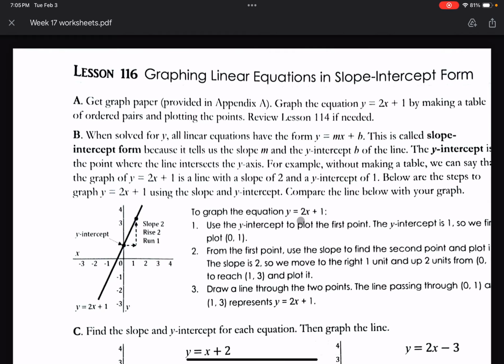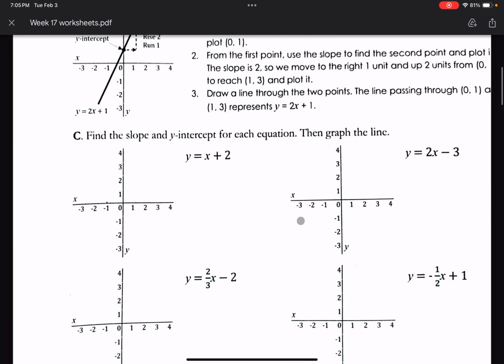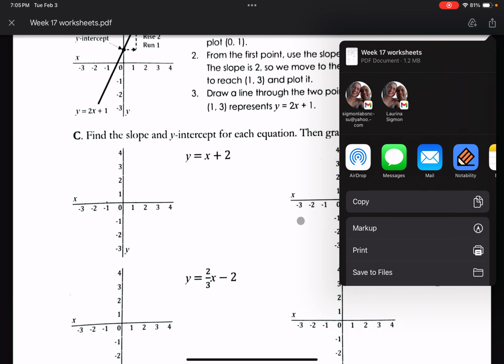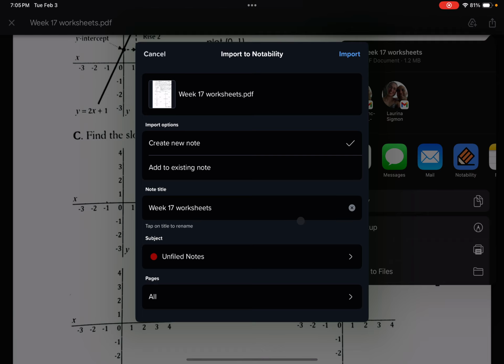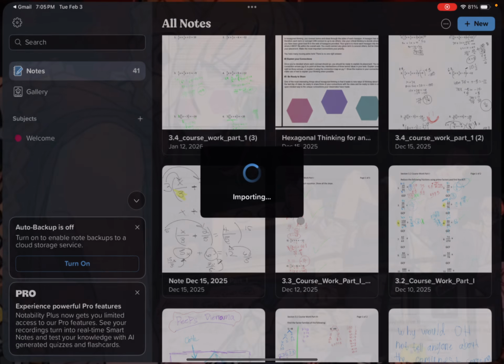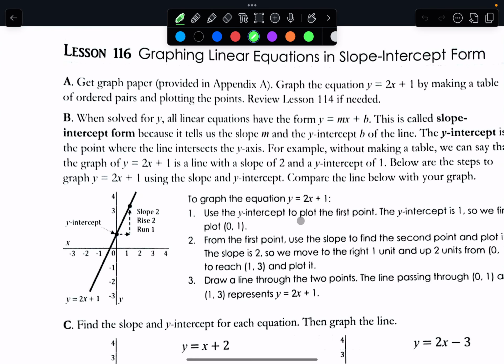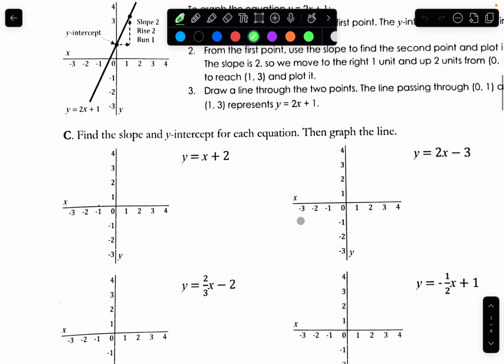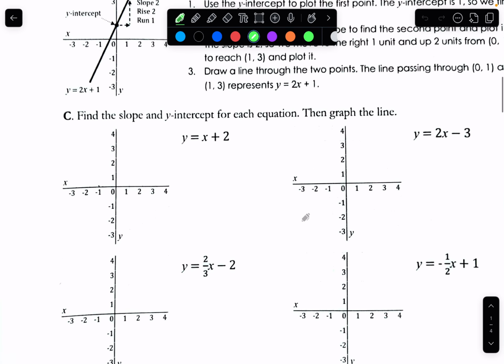You're doing the exact same thing. Let's set it in Notability so I can write on it. Hopefully it'll open for me. Yes. All right, we're doing the exact same thing in our homework. It says find the slope and the y-intercept and then graph the line.